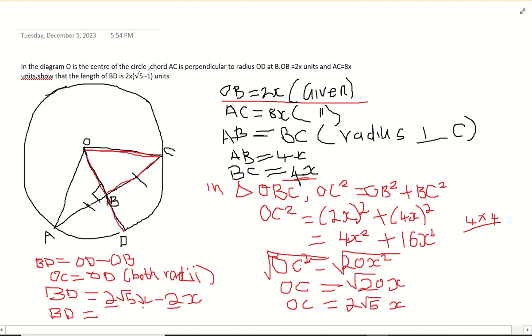We have x here, and we also have x here. Then we can take out the 2 and the x. Then it will be 2x into the root of 5 minus 1. Because if you multiply 2x by the square root of 5, you'll get this, and if you multiply 2x by -1, you'll get -2x. So that is how we prove that the length of BD is equal to 2x(√5 - 1).